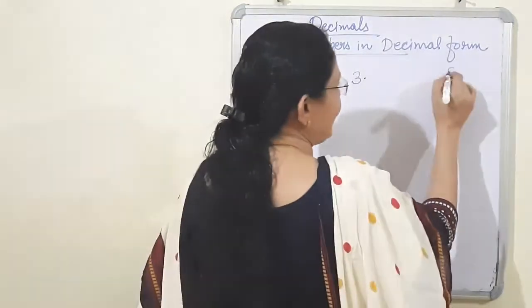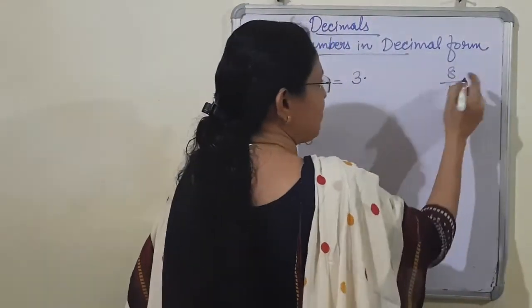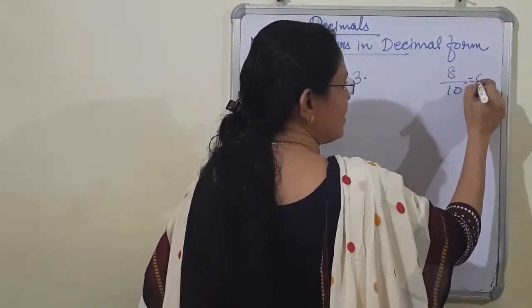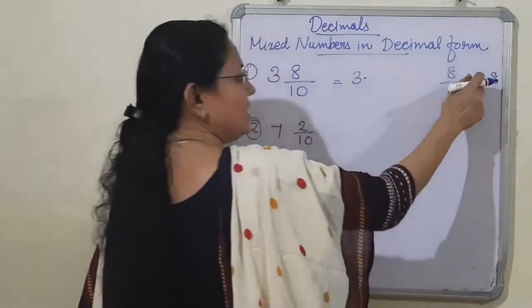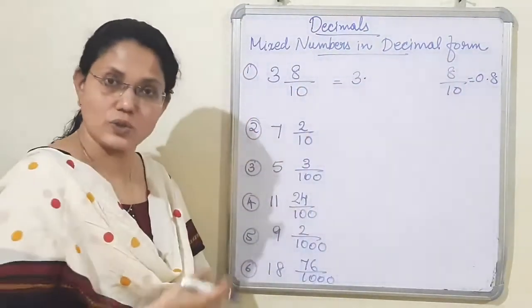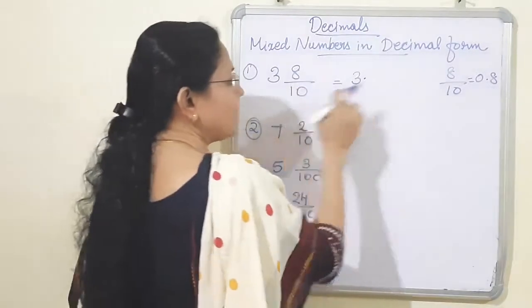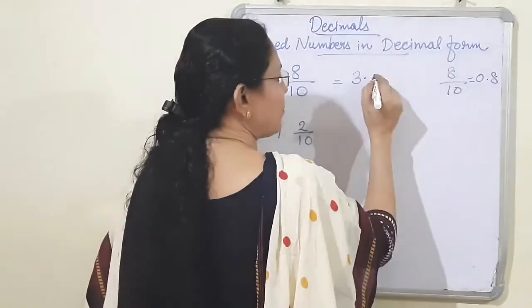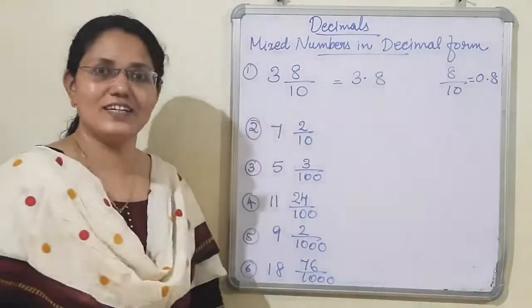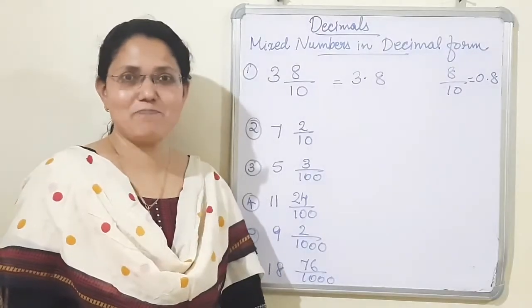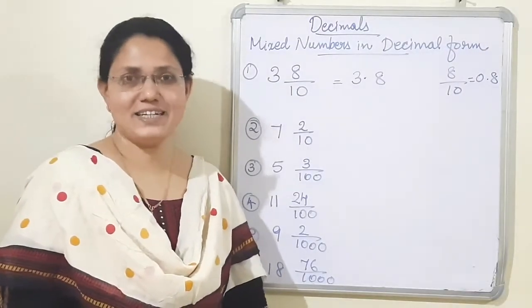The fractional part 8 by 10 we can write as 0.8. The whole number 3 is already there, so we can leave the zero. After the decimal point, 8 is there. Therefore the decimal form of 3 8 by 10 is 3.8.